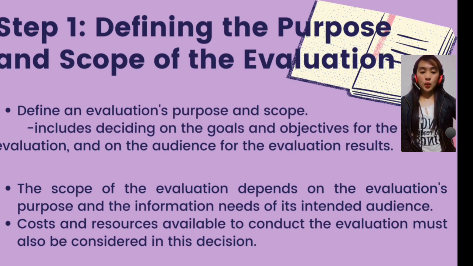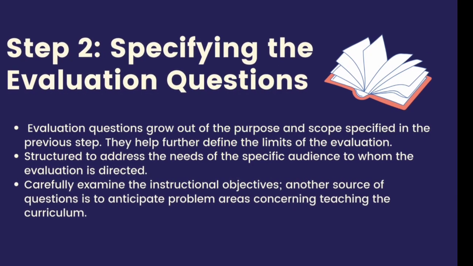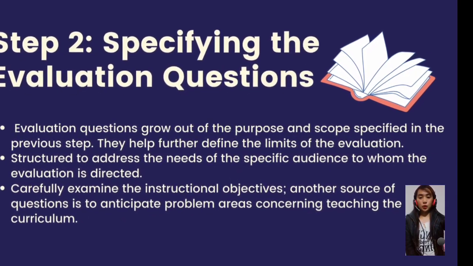Evaluation scope depends on the evaluation's purpose and the information needed for a specific audience. Defining the purpose and scope of the evaluation needs costs and resources in order to conduct the said evaluation.